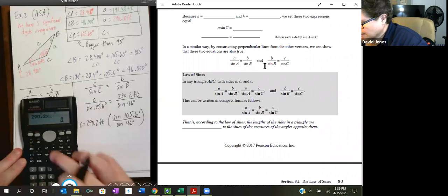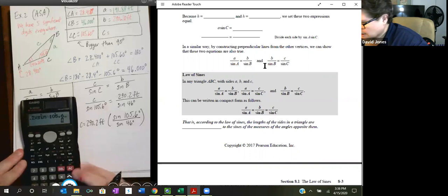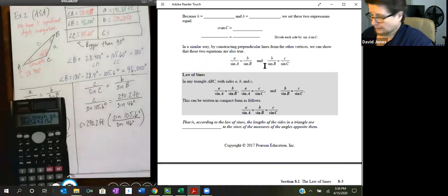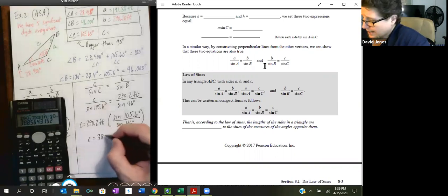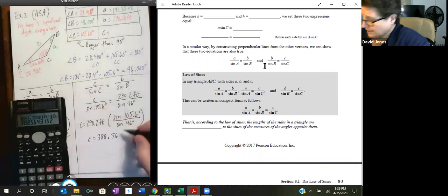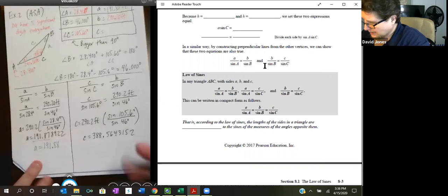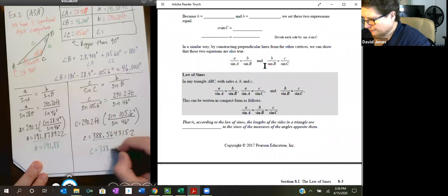So 290.2 times sine of 105.6 divided by sine of 46 equals, what I got there, C equals 388.5643152. And we look at 5 significant digits. C equals 388.56, and the sides were in feet.